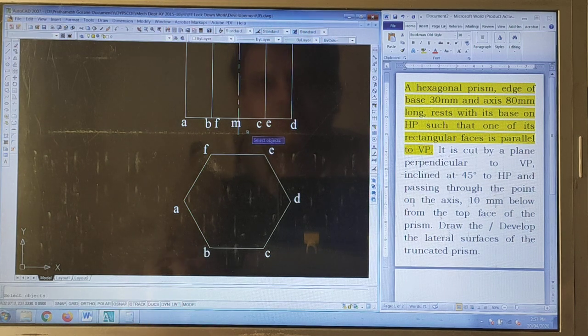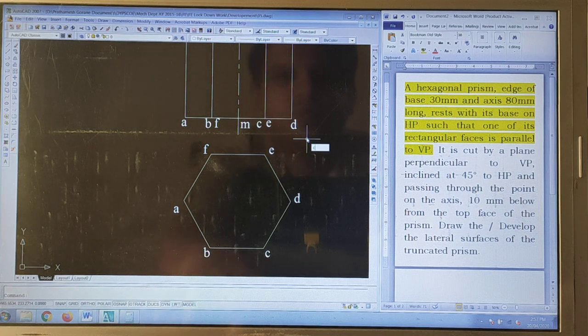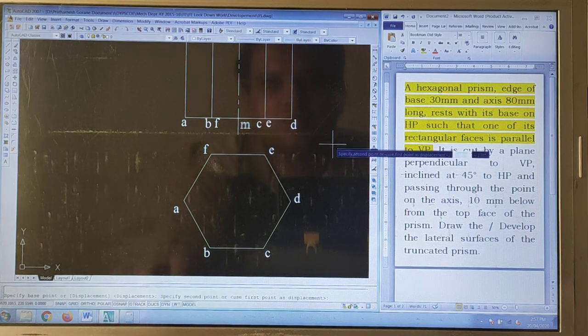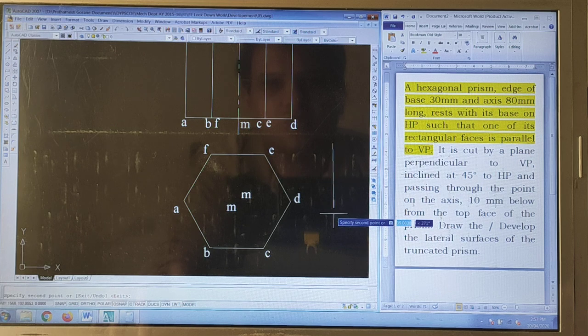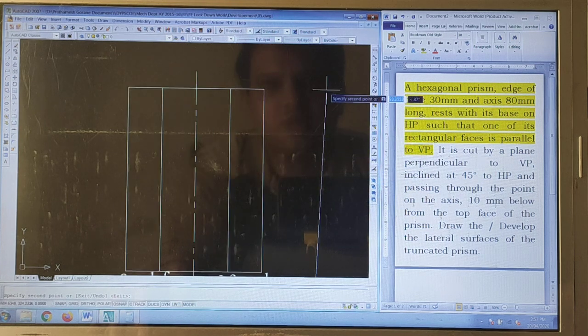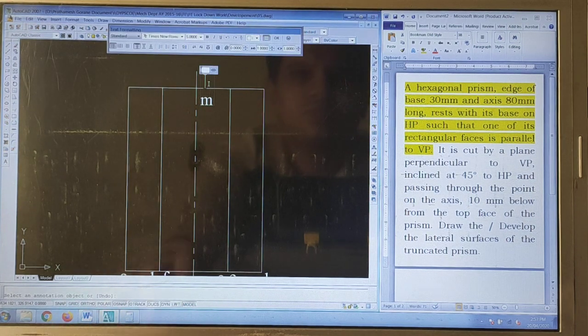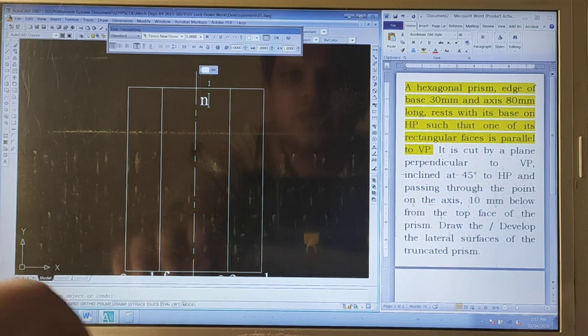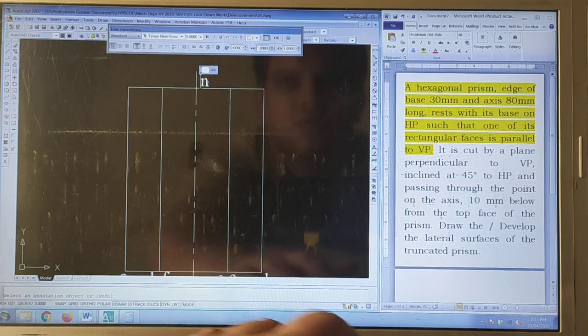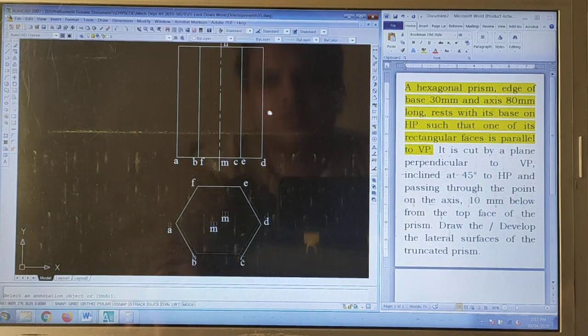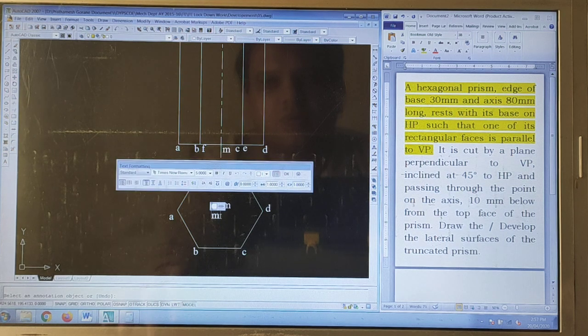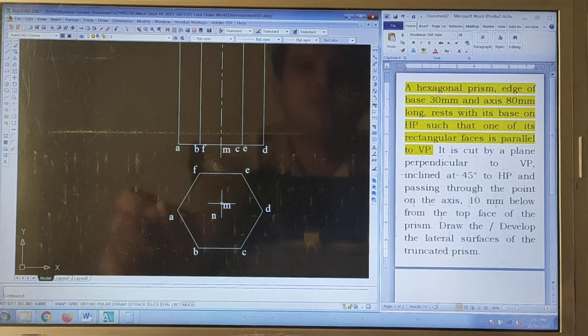Just copy this MN over here, and this is N. This is N. I hope you can understand that.